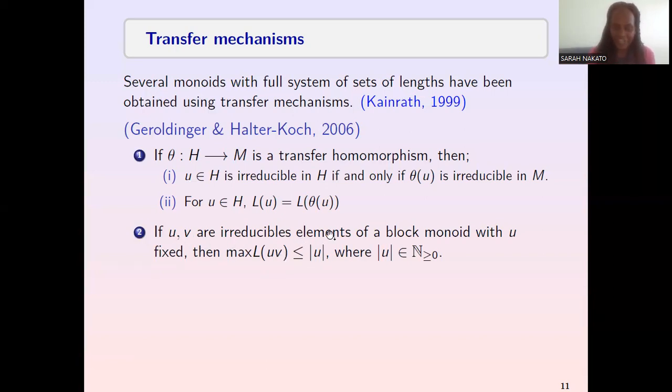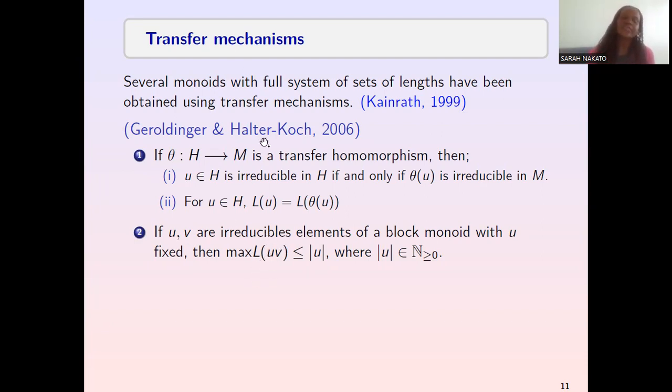Because this is a maximum, it's the length of the longest factorization. So this is denoting the set of lengths. We are looking for the longest factorization, and we are considering its length. That length must be bounded by some constant that depends only on what is fixed.